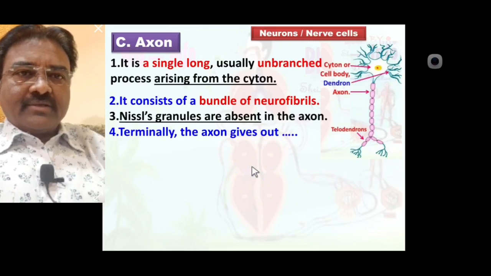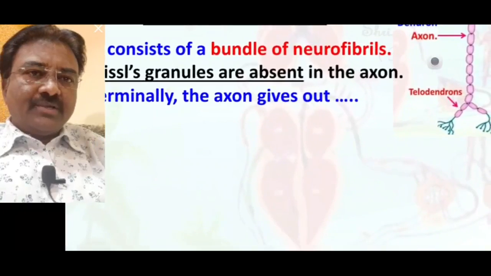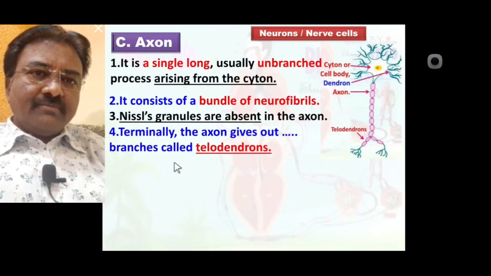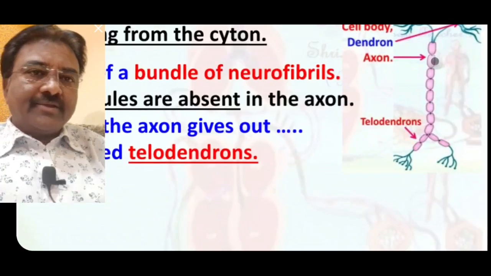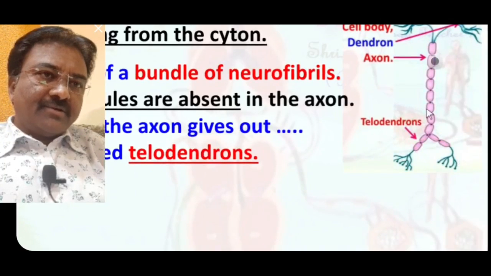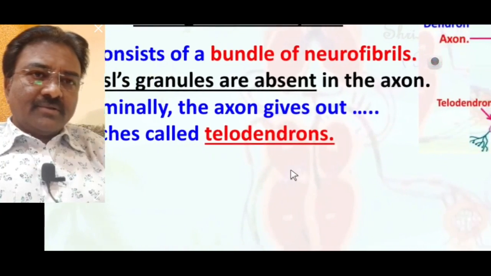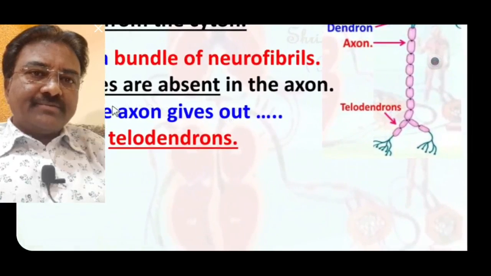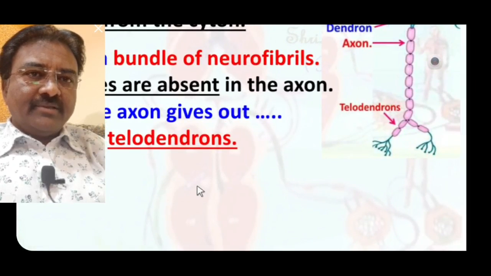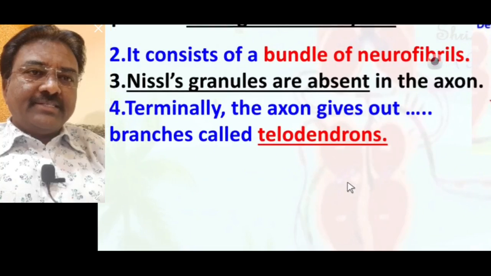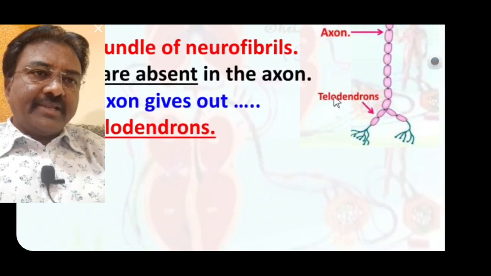Now terminally the axon gives out branches called telodendron. These are the branches of axon at terminal position called telodendrons. What is telodendron? Terminal part of the axon gives out branches called telodendrons. So these are the telodendrons.